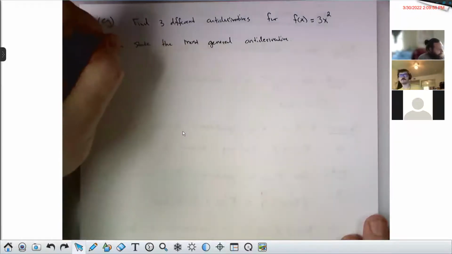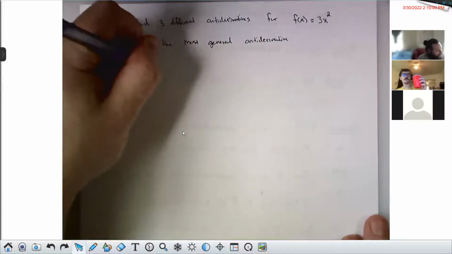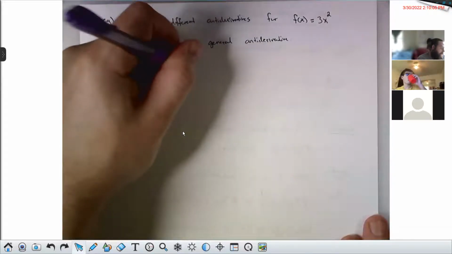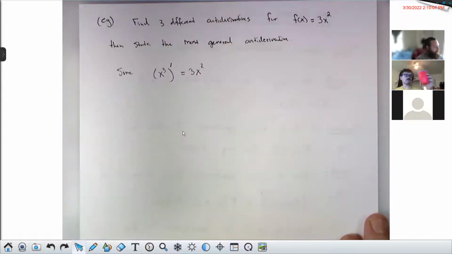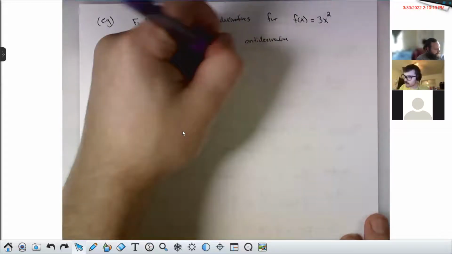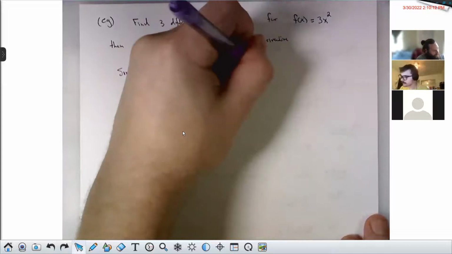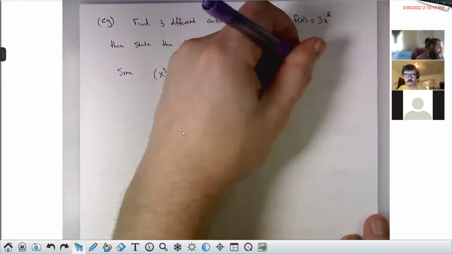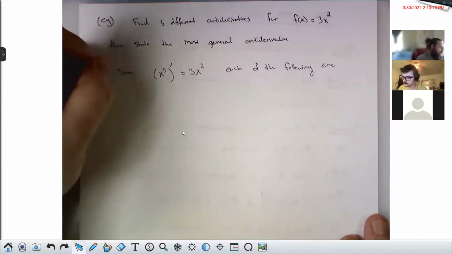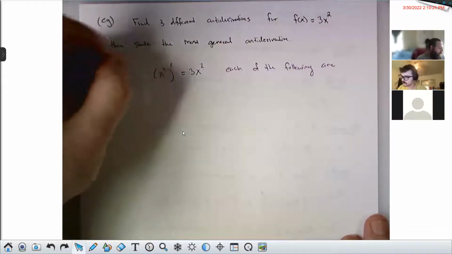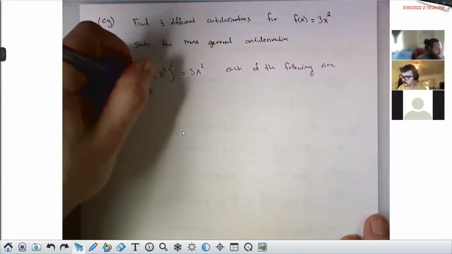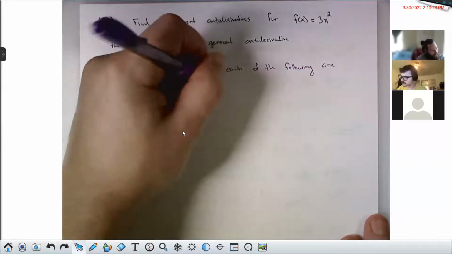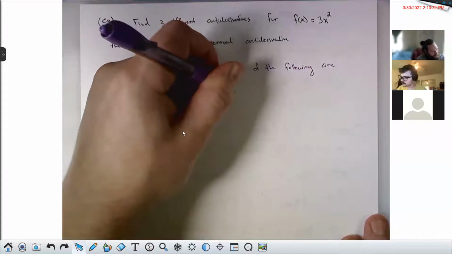So since the derivative of x cubed we know is 3x squared, each of the following are antiderivatives for little f equals 3x squared.